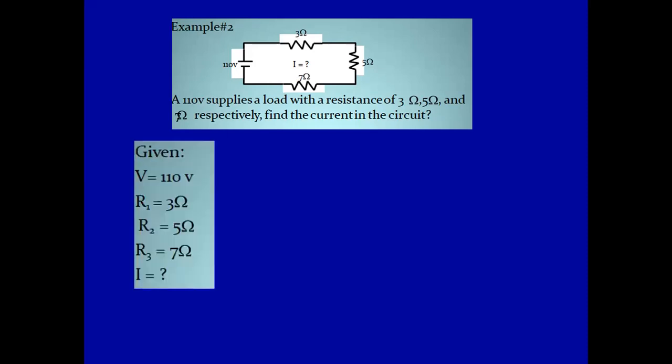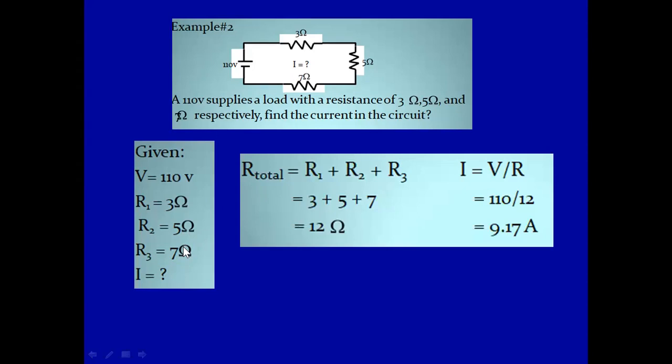Okay, so we are given your total voltage as 110 volts, and then the following resistors as 3, 5, 7. So solving now for the total current, first we have to sum all the values for your 3 resistors. Okay, the sum would be 3 plus 5 plus 7 ohms gives us 15 ohms. Now, if we plug this into your Ohm's law, I now would be equal to the total voltage all over the total resistance. So this gives us 7.33 amperes.